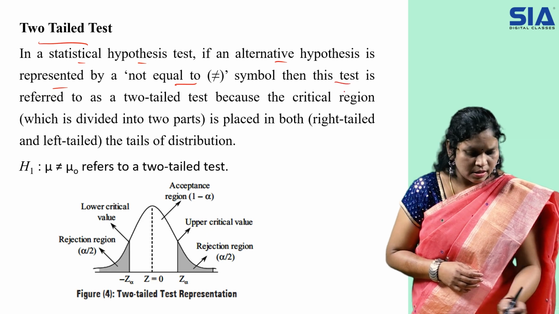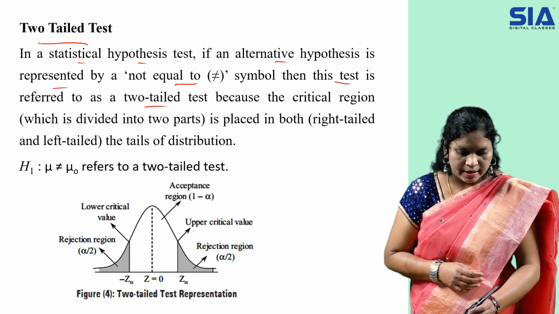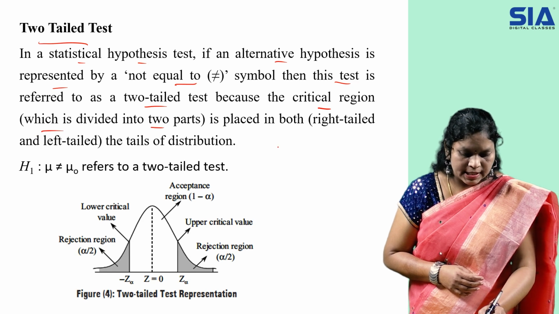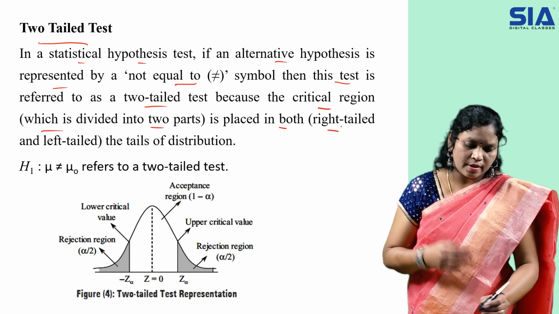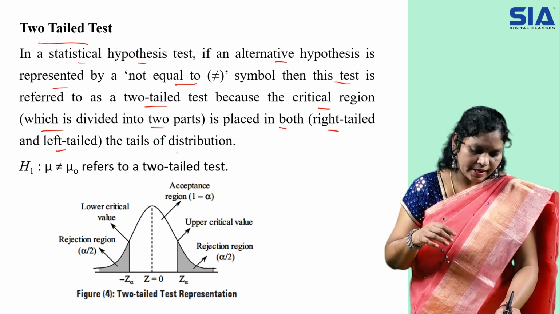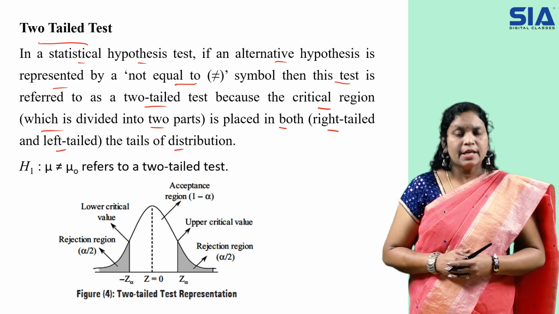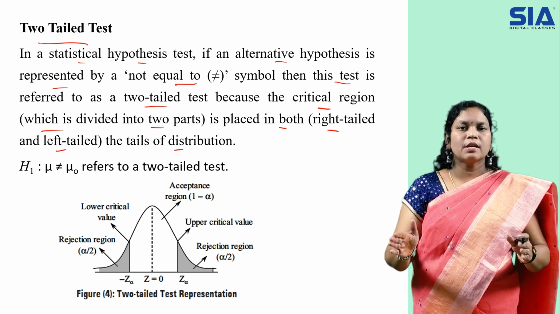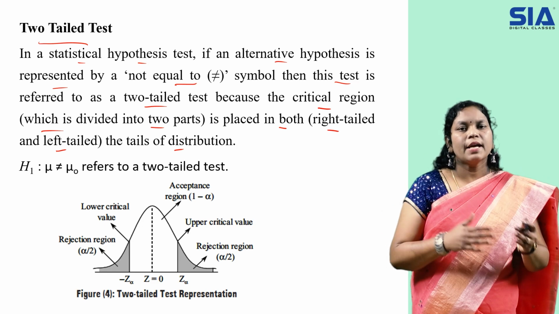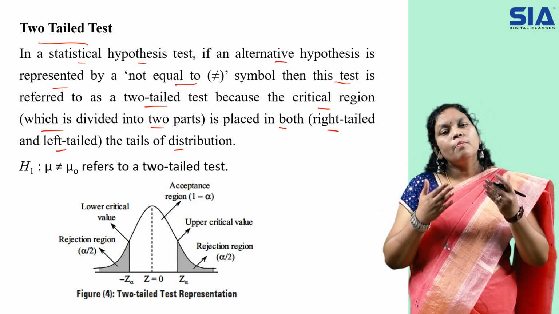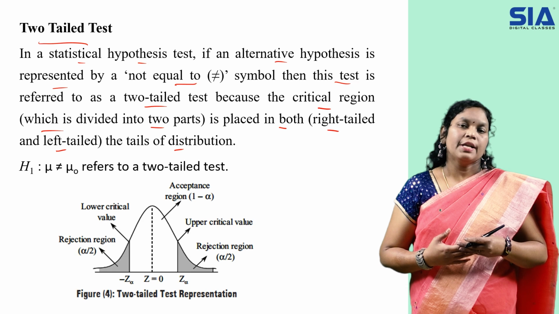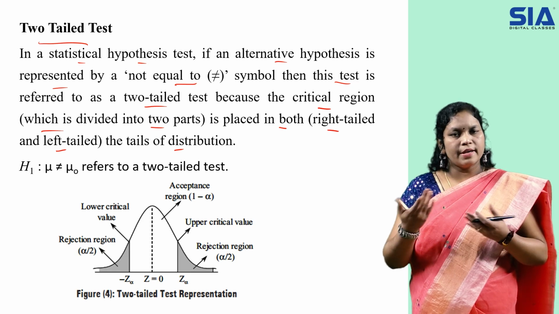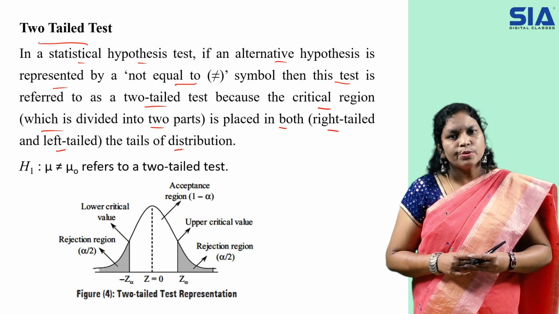This test is referred to as a two tail test because the critical region, which is divided into two parts, is placed in both the right tail and left tail of the distribution. So in both sides of the curve, right side and left side, we plot our critical region. For that only we'll call it a two tail test. Two sides we are plotting, right and left.